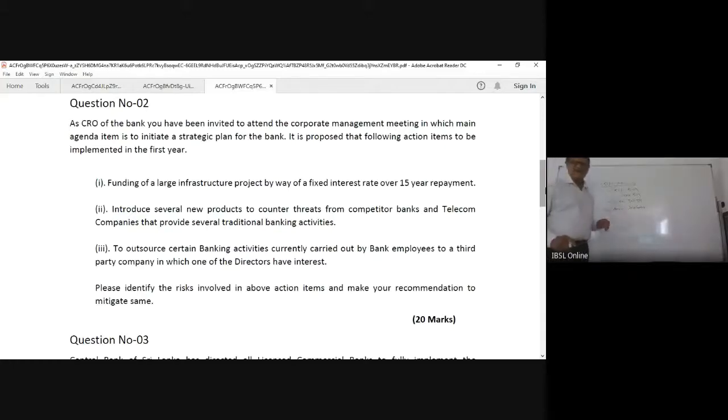This product needs to be very attractive to your customers, and it should beat all the products put in the market by your competitors. So naturally the risk type is strategic risk.